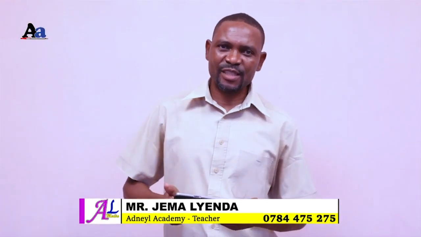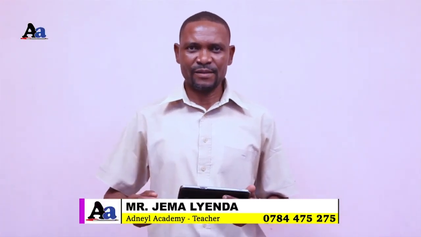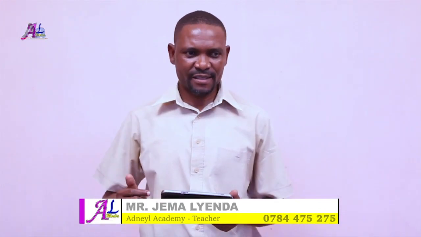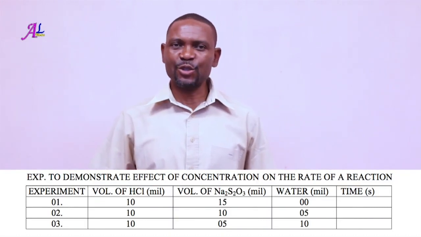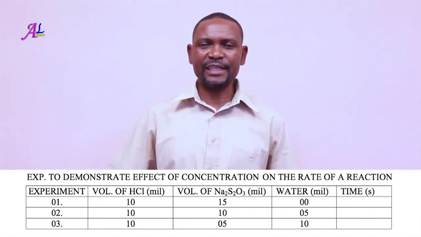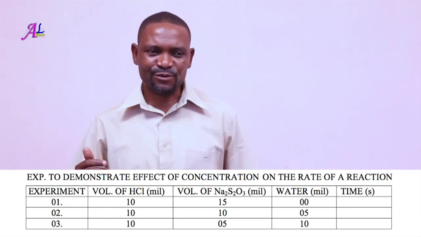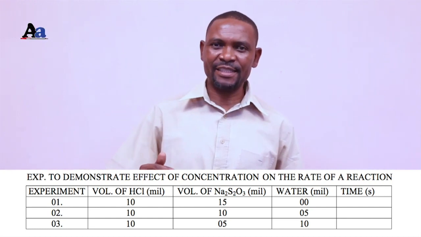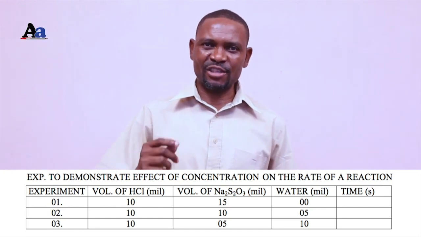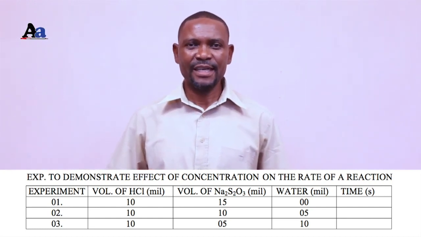As the reaction proceeds, we shall record the time. Time recorded is going to be filled into this chart, which shows the experiment, the volume of hydrochloric acid, the volume of sodium thiosulfate, and the volume of water that is being added so as to regulate the concentration of sodium thiosulfate.